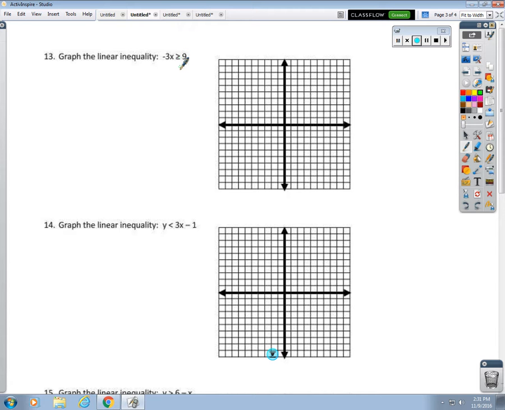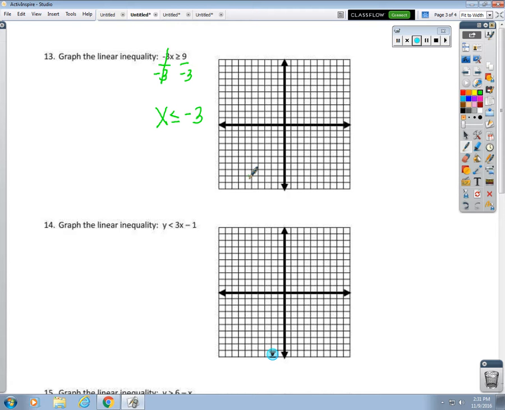That's automatically a vertical line. So you need to isolate the x by dividing by that negative 3 on both sides. Anytime there's no y, you isolate the x. Those cancel, and I'm left with x is less than or equal to negative 3. And why did I have to flip the sign?